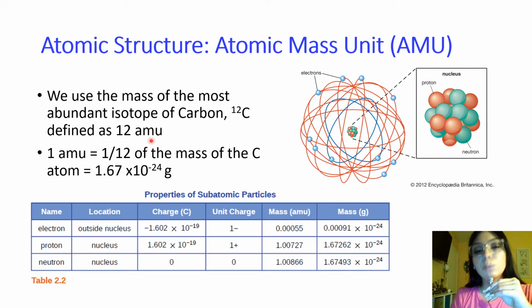We defined it as 12, and then we divided it by 12 since it was 12. It was 6 protons and 6 neutrons. And then what you get is that 1 AMU. So it's kind of like an arbitrary measurement, but don't really worry about that too much. It's pretty similar to 1 gram. And we'll talk about that later, grams versus AMUs.